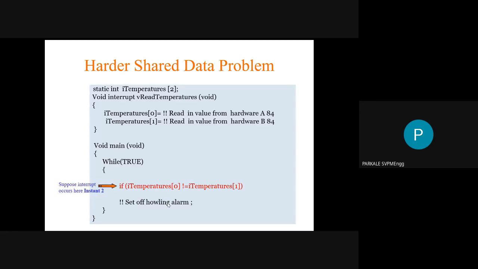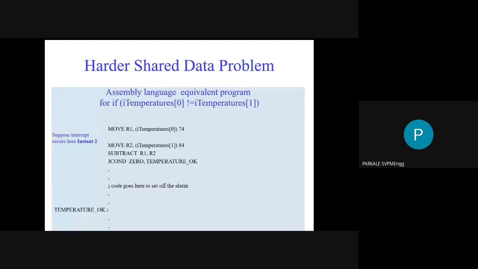If you observe this code, I have just removed the local variables like item 0 and item 1, and I have directly used the array from the ISR itself. So I temperature 0 is directly compared with I temperature 1, that is, two arrays are directly compared, but still you cannot come out of this loop, because your compiler will always convert a single C statement into a number of assembly statements, and there is the harder shared data problem.